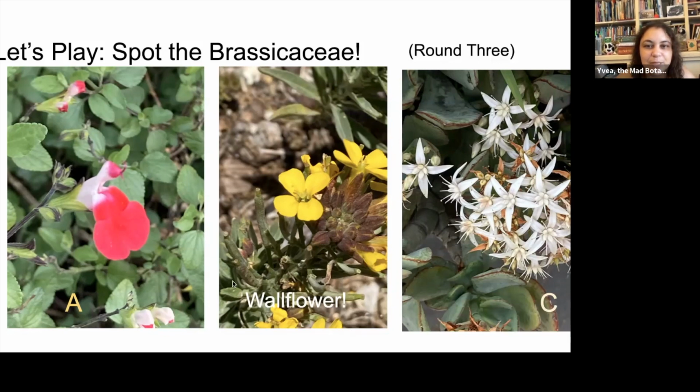And then was there anything special about this one that you noticed that made it especially clear that it was a wallflower, that this was our one? Yep, succulent leaves. I haven't really seen many Brassicaceae with succulent leaves, except maybe a cabbage or something, but that's not quite the same thing as these kinds of succulents.